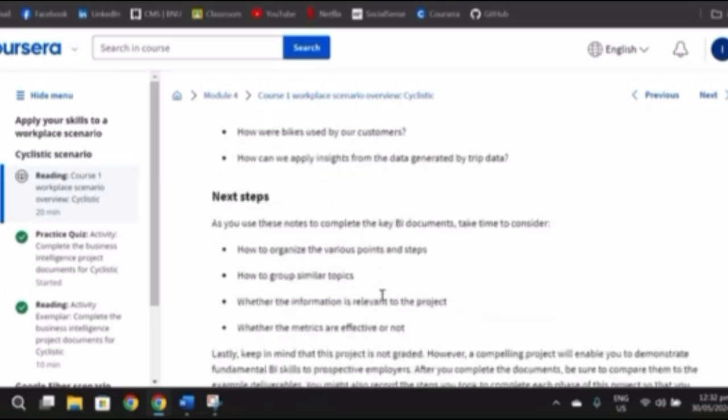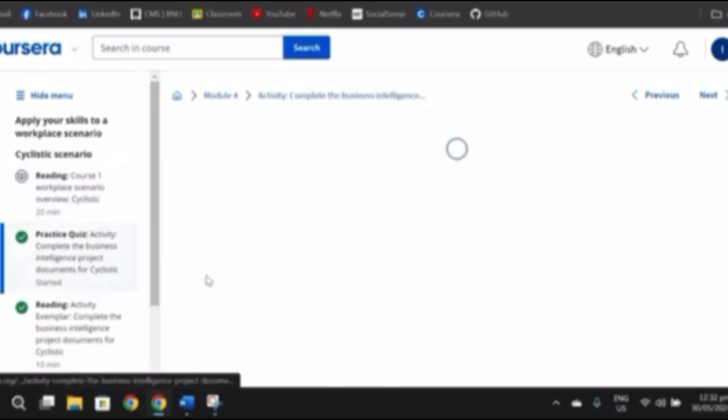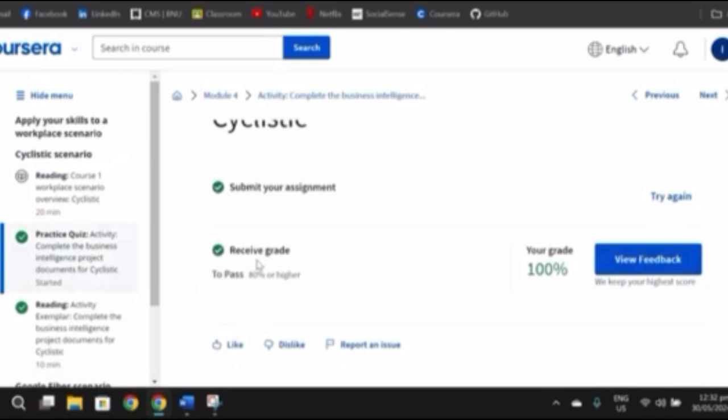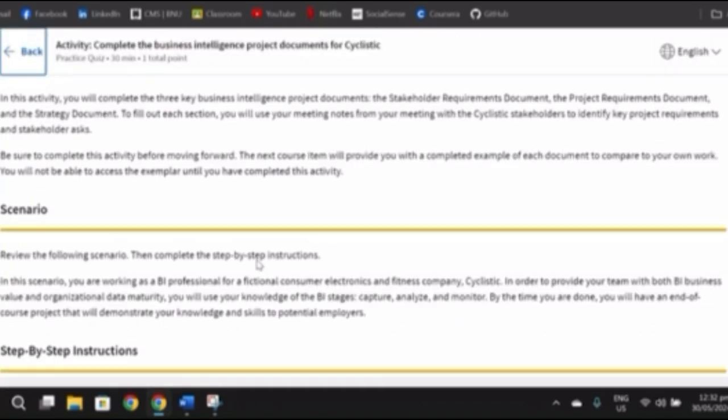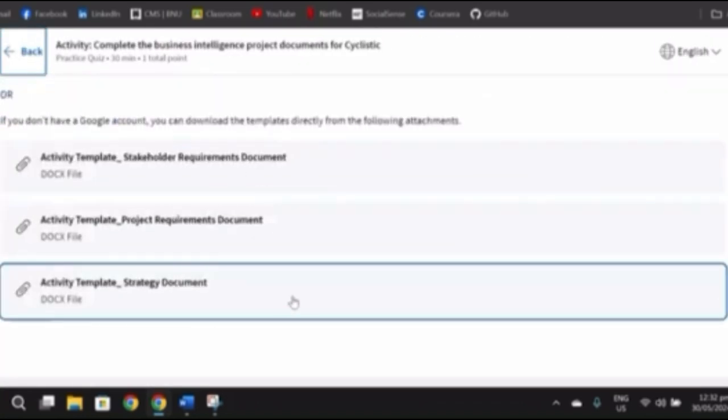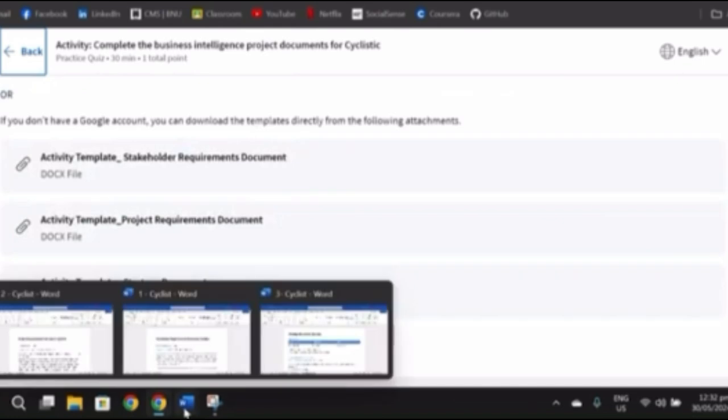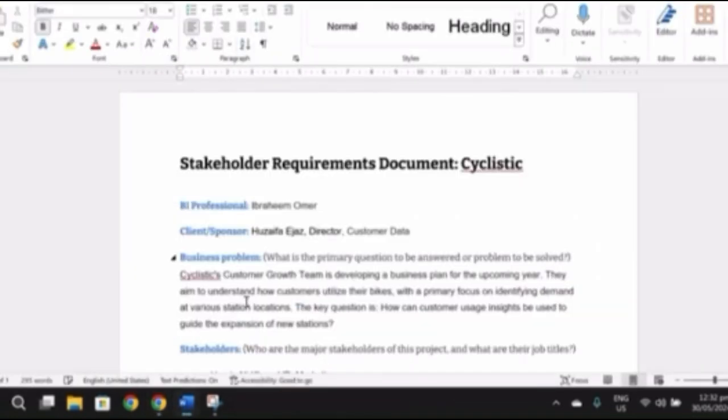We were given the task and I completed it, and now you can see. Basically I had to fill out these three forms which are here. The first form is the stakeholder requirements document.